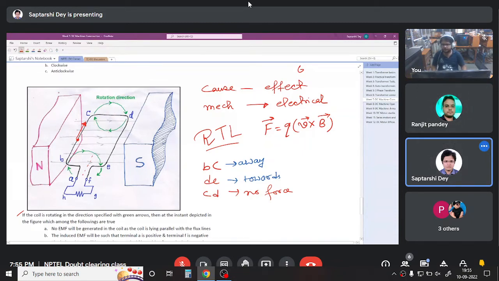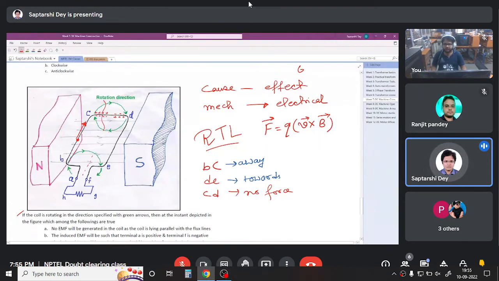There will be an accumulation of positively charged particles in this region, and an accumulation of positively charged particles in this region. So if it is possible to measure the voltage on the two sides of this conductor, you will get some voltage. This is called the Hall effect.